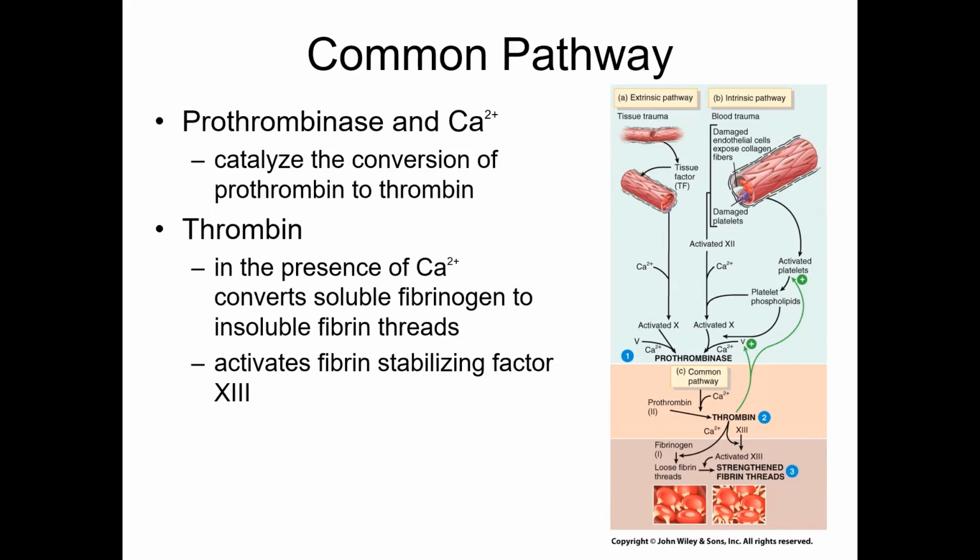So what happens after prothrombinase is made? And we say, hooray, we're still very far from fibrin. So prothrombinase, as I mentioned before, again needs calcium to chop factor number 2, prothrombin, into 2 parts.